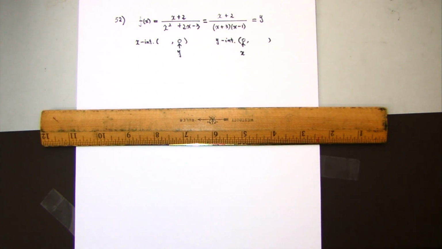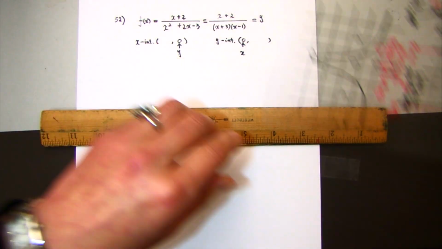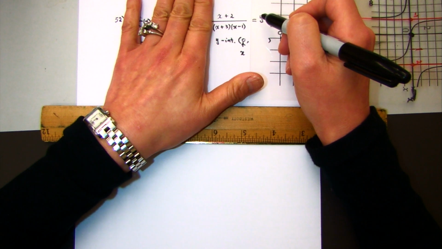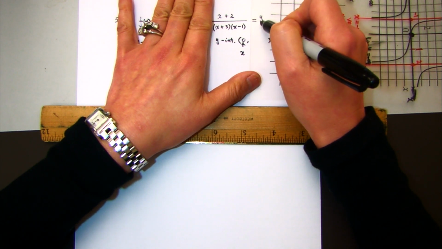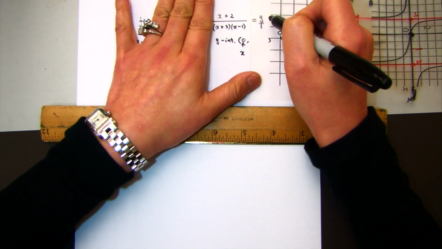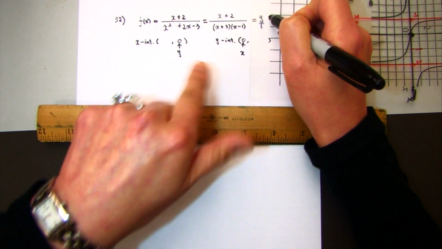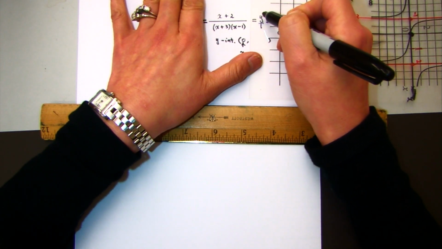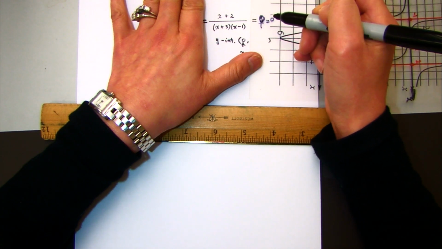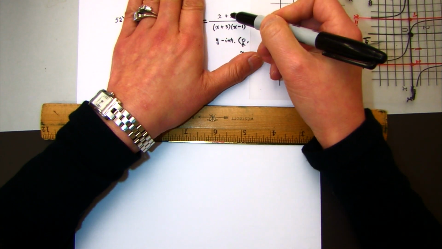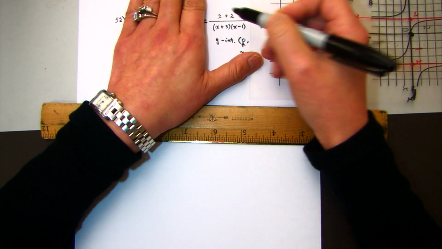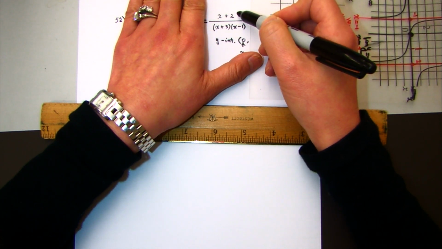Let me lay a sheet of paper on top of this. Basically you're looking at this function, and you want your y to be 0. So that means you have a 0 here. If you have a rational expression, the only way you can get to 0 is when your numerator equals 0.